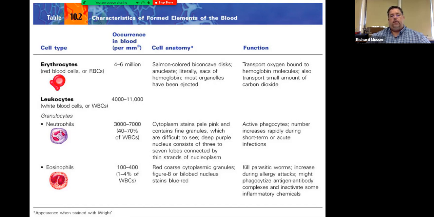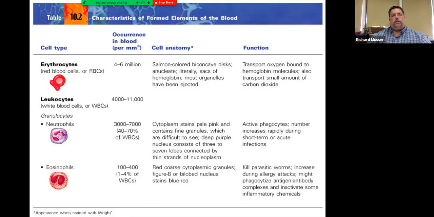So again, a scientist or student of some sort stained the cells, and now they can see them. You'll see it has around 3 to 7 lobes, and their main job is to be active phagocytes. So they'll run around eating other cells. These are typically found with a short-term or acute infection.